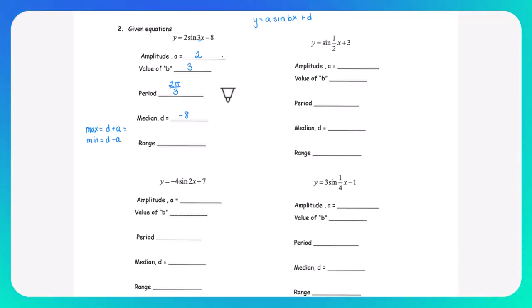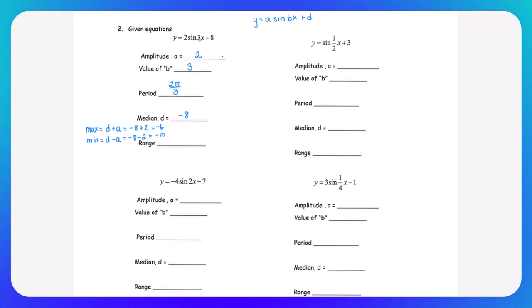So here we got -8 as our d value, and we're going to add 2, and here we got -8, and we're going to subtract 2. So that gives us -6 and -10, and it's okay that they're both negative numbers.